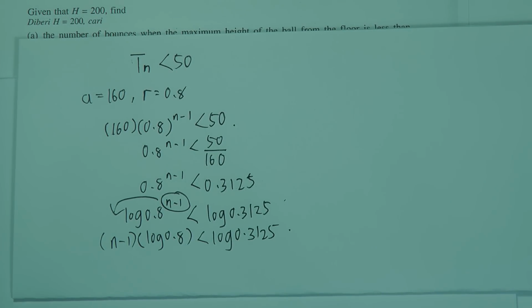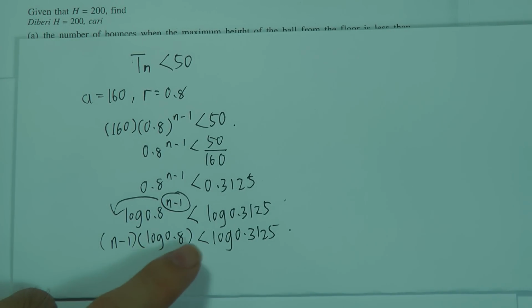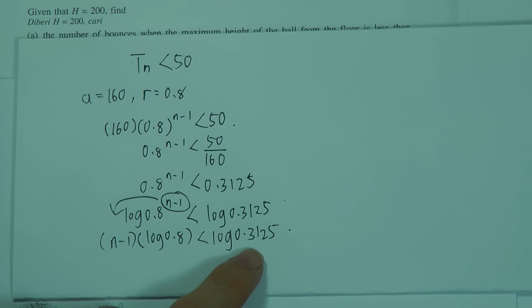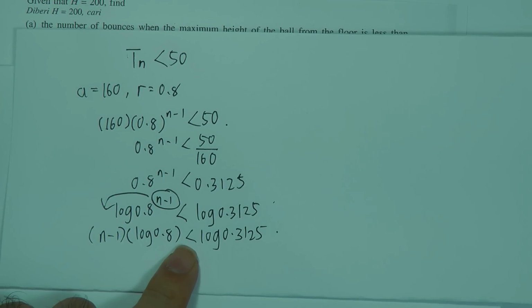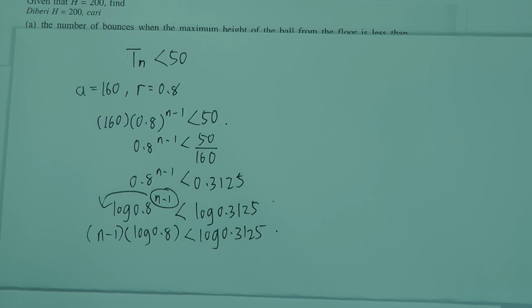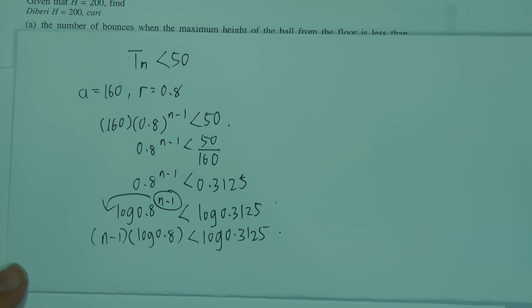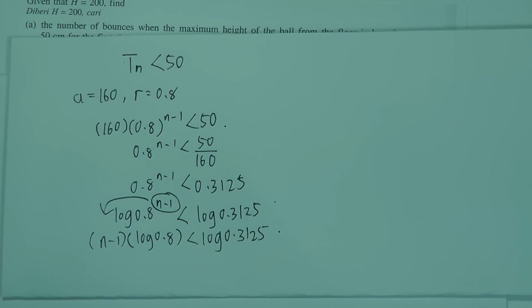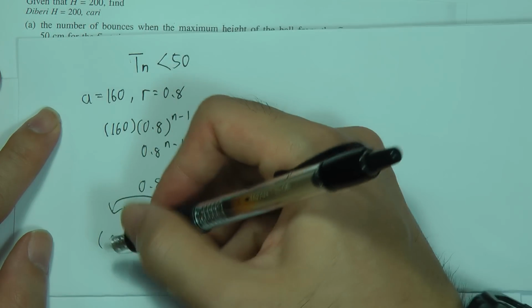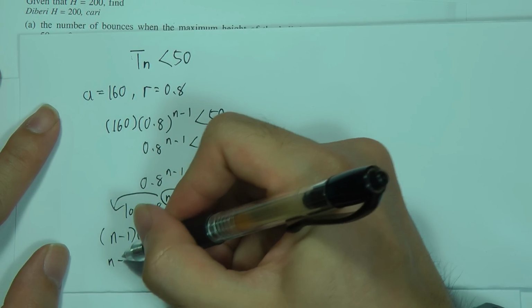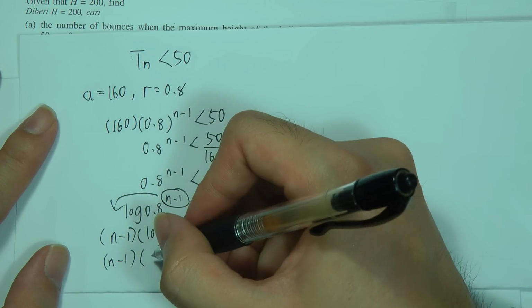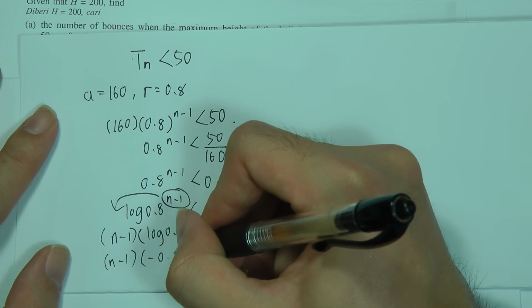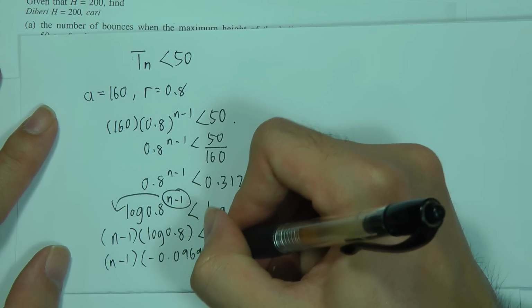Then the next trap is over here. A lot of students will straight away move the log 0.8 to this side without changing this symbol. This is a common mistake made by a lot of students, because they just say multiply, move to here is divide. But if you press the calculator, log 0.8, you will get a negative value. So if you press the calculator, log 0.8, actually you will get negative 0.0969.